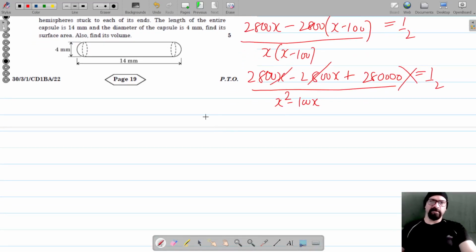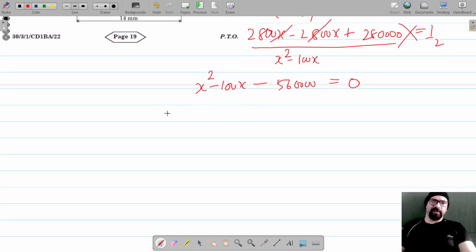Now if we cross multiply this, this gives me the quadratic equation x squared minus 100x minus 560000 is equal to 0. We have multiplied 2 with 28, which is 56, and 4 zeros. Now this is the quadratic equation, and I'm going to solve this using the quadratic formula. So A is equal to 1, B is equal to negative 100, and C is equal to minus 560000.